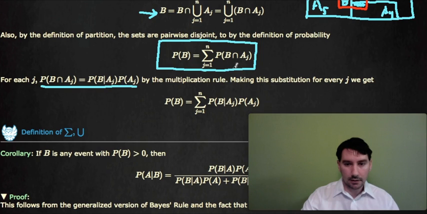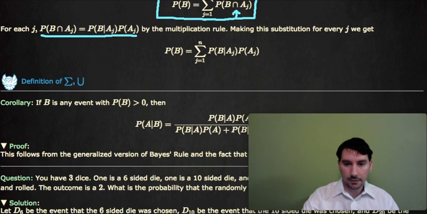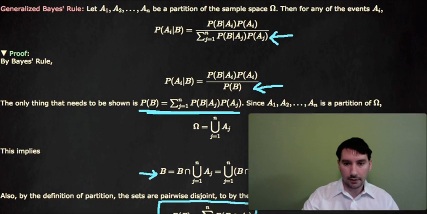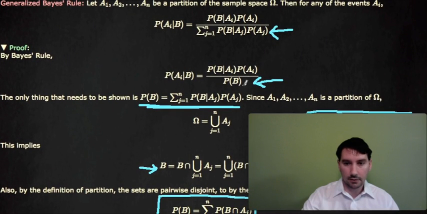And we just substitute that in to each one of these. So the probability of B is equal to the sum from j equals 1 to n of the probability of B given AJ times the probability of AJ. That's just true for any partition. And that's what we needed to show, because that shows that the two denominators are in fact the same. So back up here we just needed to show this and this were the same.